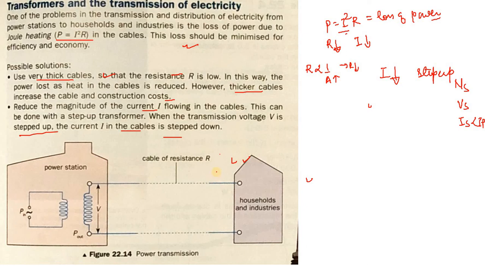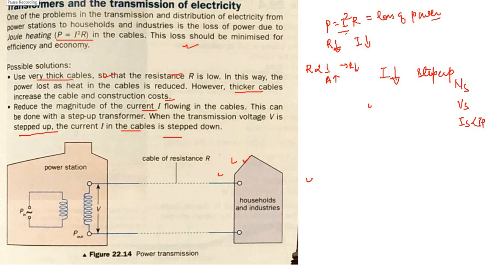I hope it is clear now why the transmission always happens at high voltage, via the step up transformer.